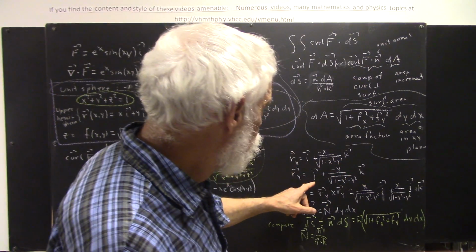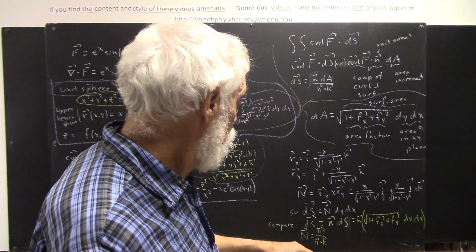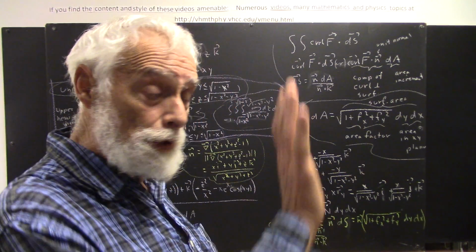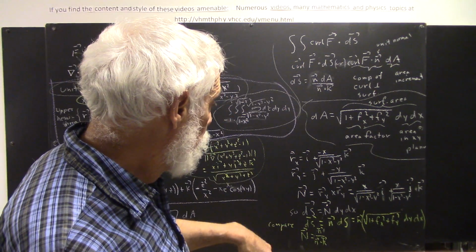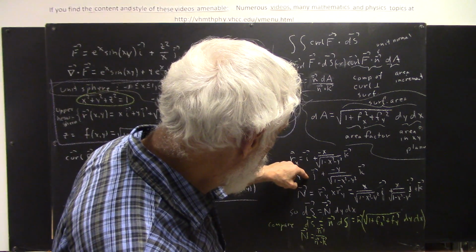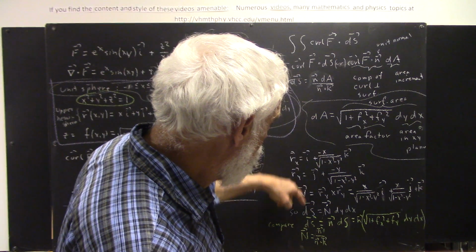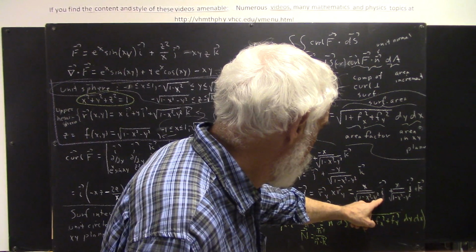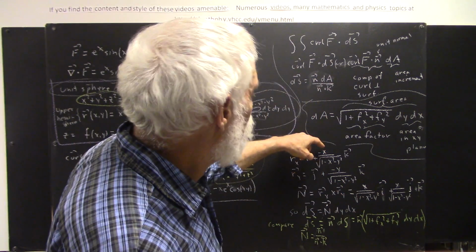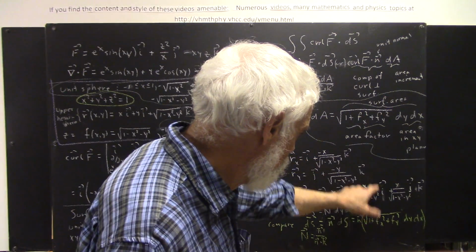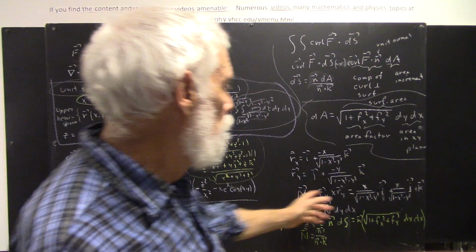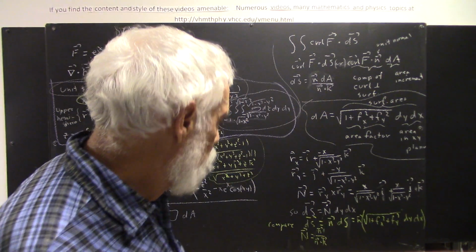Then k cross j is what? Well, you know, right hand, k's up here, j's here. K cross j is in the negative x direction. So we're going to have the negative of this multiplied by the negative i. We're going to have negative x over the square root multiplied by negative i, so the negatives go away, and here's what we have. So there's our normal vector, okay?